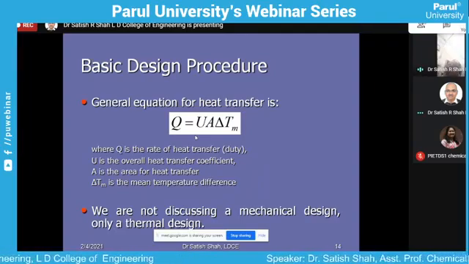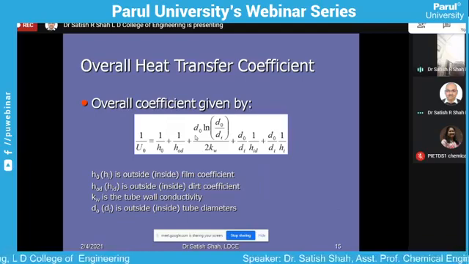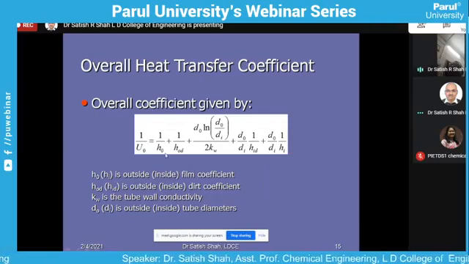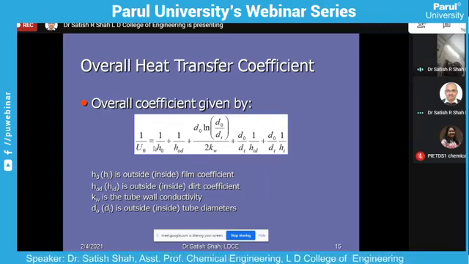So see, this is the formula for overall heat transfer coefficient. What is the formula? It is 1 upon Uo, that is equal to 1 upon ho, where ho is the outside heat transfer coefficient, or the shell side heat transfer coefficient. Then 1 upon hod, that is the dirt coefficient for the outside.